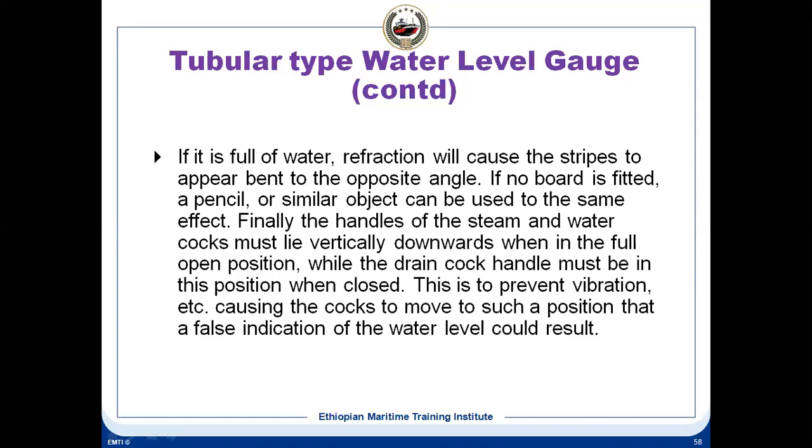The handle of the drain cock should be pointing downwards when it is closed, whereas the handles of the steam side and the water side cocks should be hanging downwards when they are open. This is to prevent vibration, etc., causing the cocks to move in such a position that a false indication of the water level should not result.